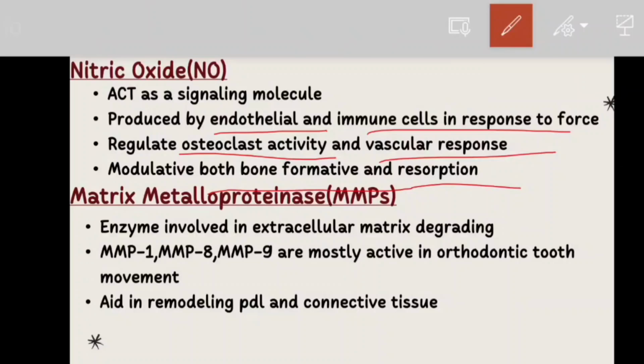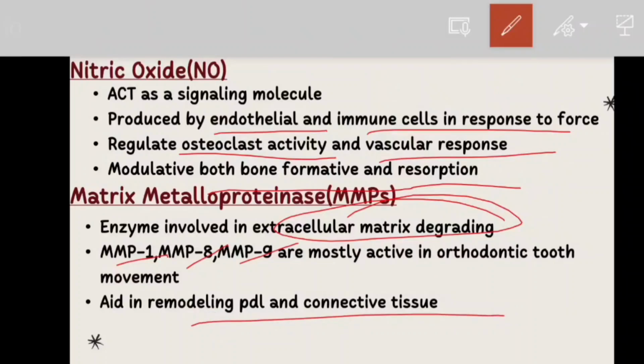These are enzymes that degrade the extracellular matrix. The important ones are matrix metalloproteinases 1, 8 and 9. Their function is to help in remodeling of the PDL and connective tissue. Think of matrix metalloproteinase as a worker which removes old tissue so new tissue can form.